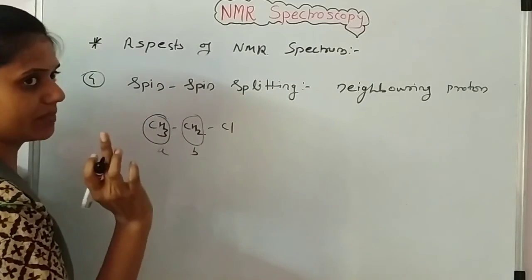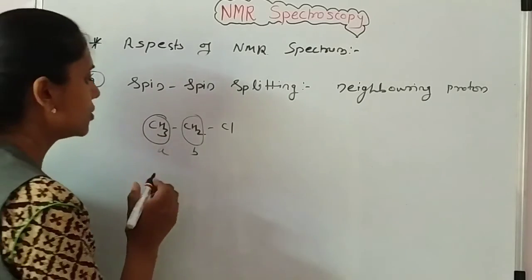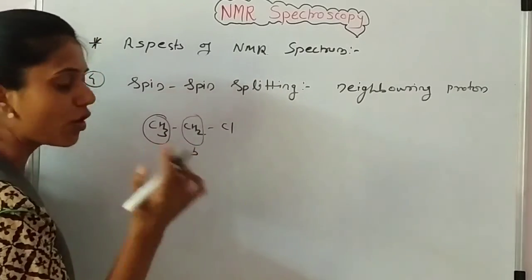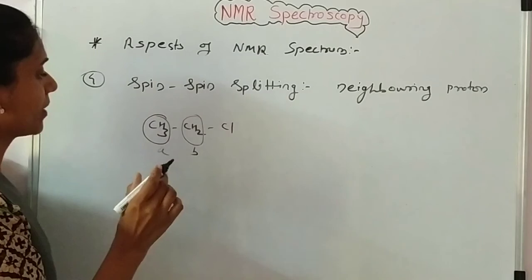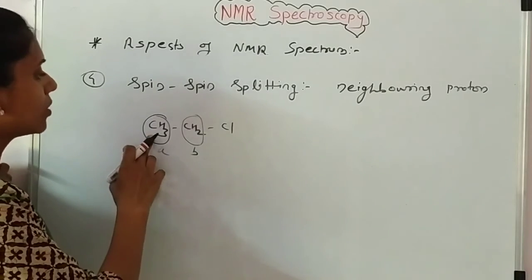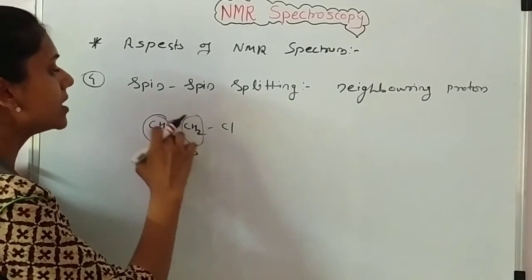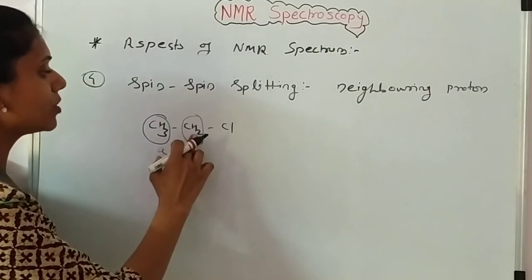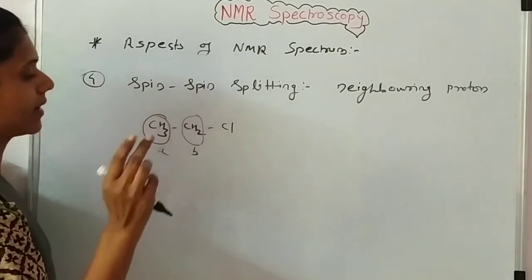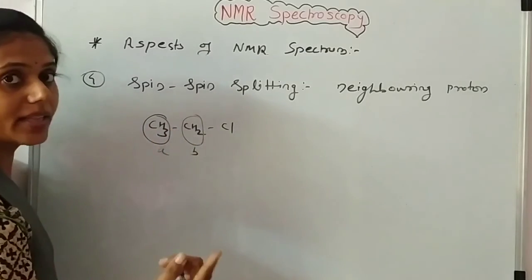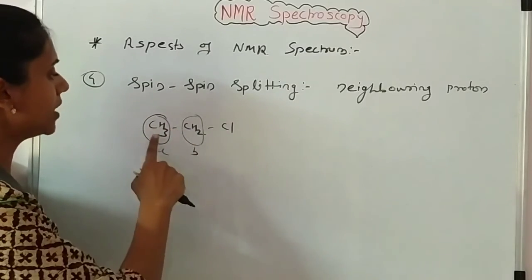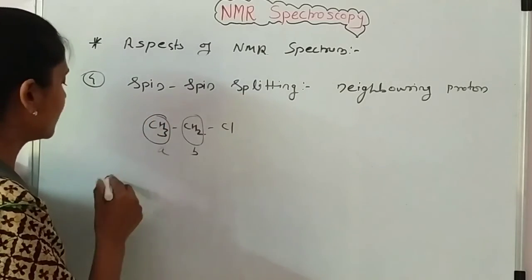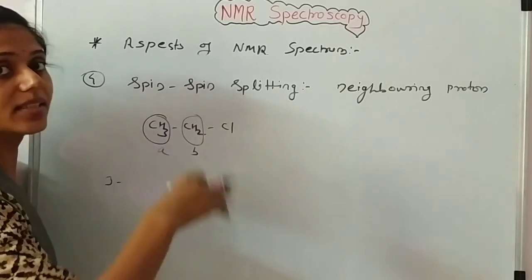That means CH3. There is one formula, the n+1 rule. Here n is the number of protons of the neighboring group. Okay. How many protons are there? 2 protons. So when we apply the n+1 rule here, we get 3. That means we get a triplet.